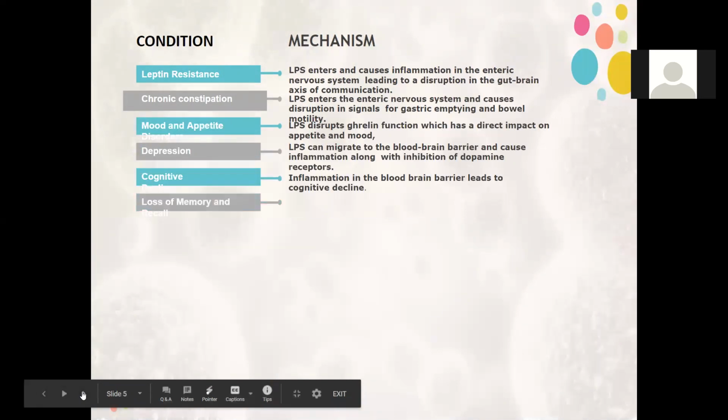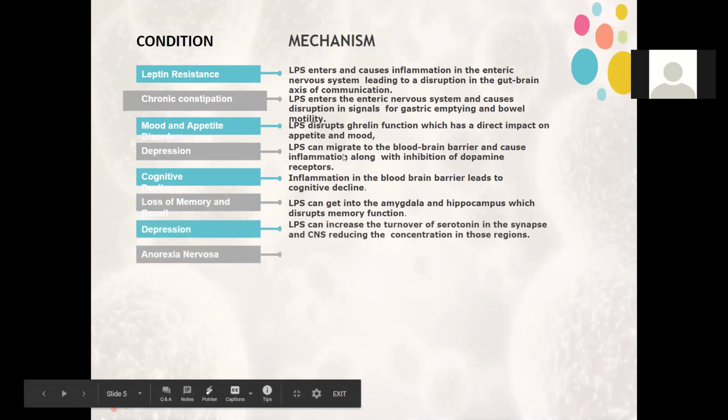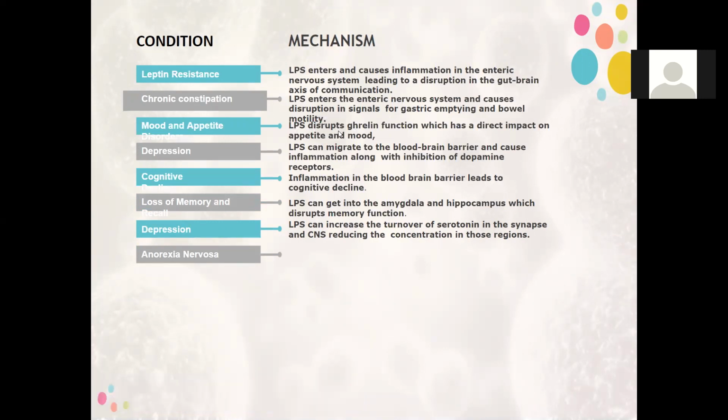Chronic constipation, mood and appetite disorders, depression. You see the descriptions in these two depression listings are different. Here you've got lipopolysaccharide migrating across the blood-brain barrier and causing inflammation, along with inhibition of dopamine receptors. And here you have lipopolysaccharide increasing the turnover of serotonin in the synapse of the central nervous system, reducing the concentration in those regions.